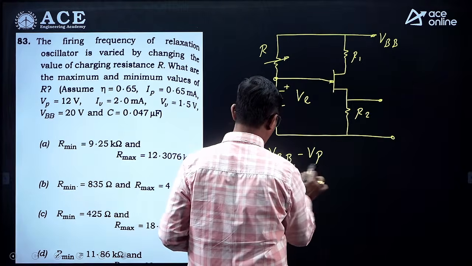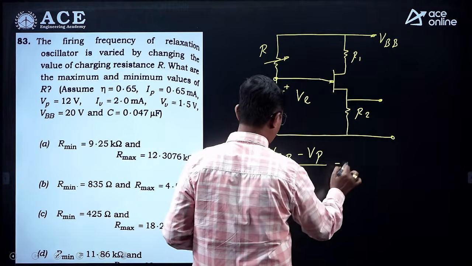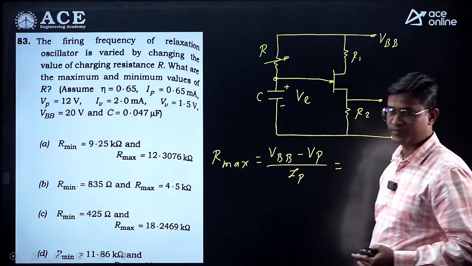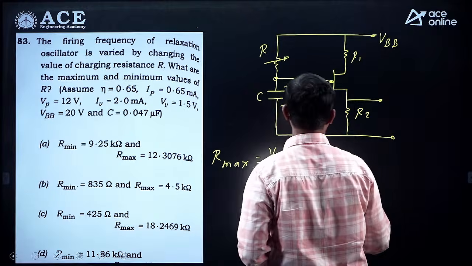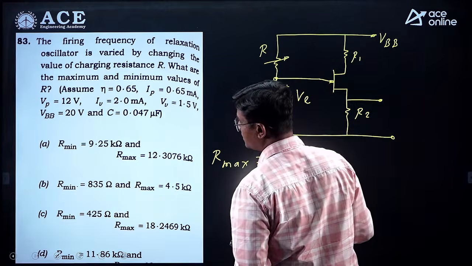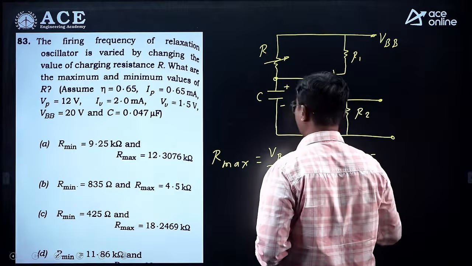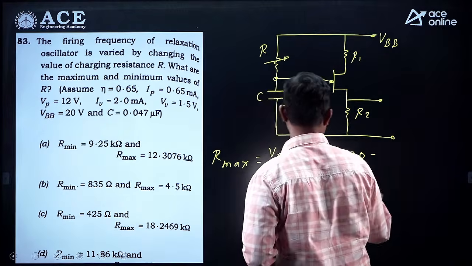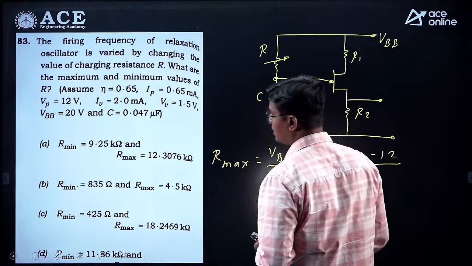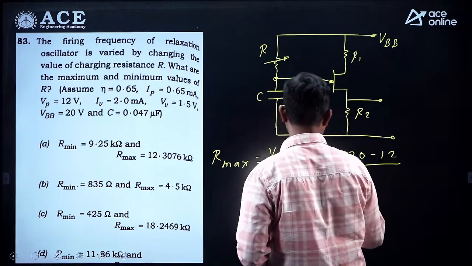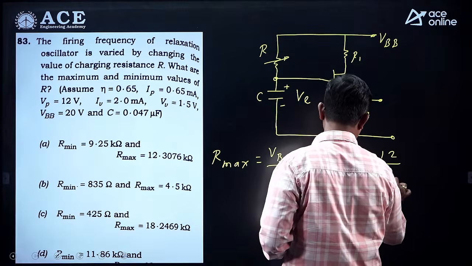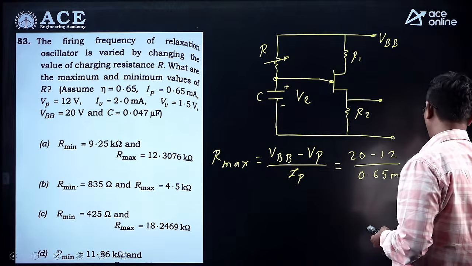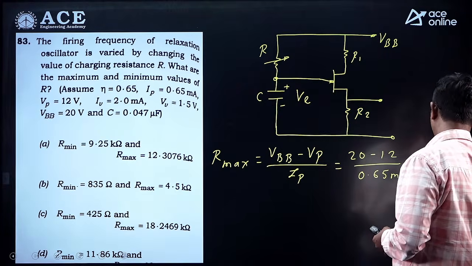VP is the peak voltage, IP is the peak current. VBB is 20 volt, minus VP of 12 volt, upon IP of 0.65 milliampere. If you simplify this, you get 12.3 kilo ohm.